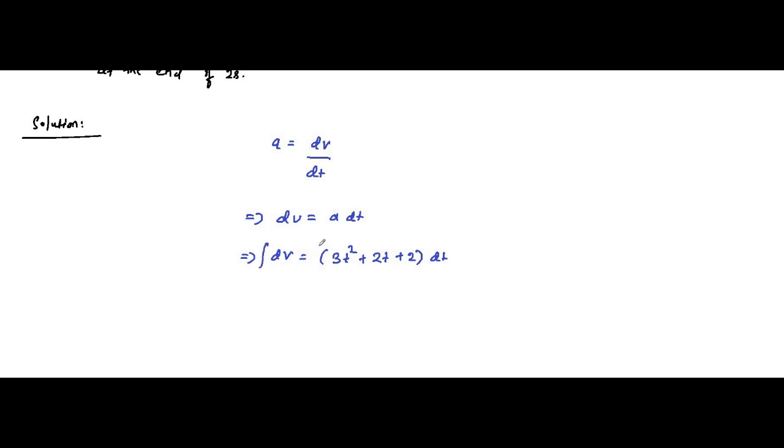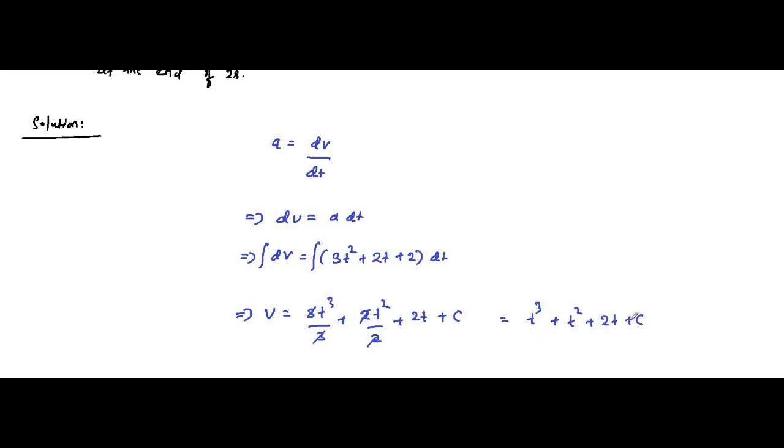Integrating both sides, we will get v is equal to 3t cube by 3 plus 2t square by 2 plus 2t plus c, constant. 3 got cancelled, 2 got cancelled. This is equal to t cube plus t square plus 2t plus c.